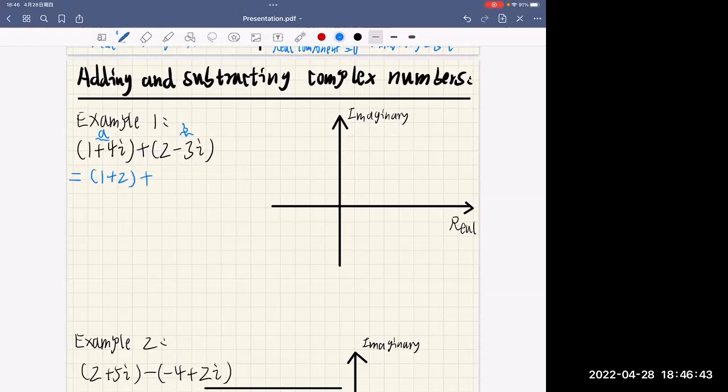And we add their imaginary components together. The imaginary component for complex number A is 4i, and for complex number B is minus 3i. So 4i minus 3i. 1 plus 2 is 3, and 4 minus 3 is 1. So it's 3 plus i.